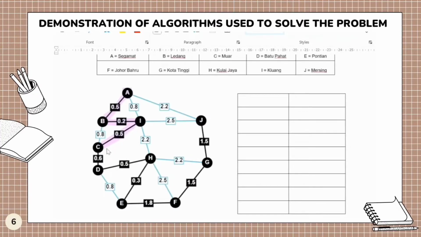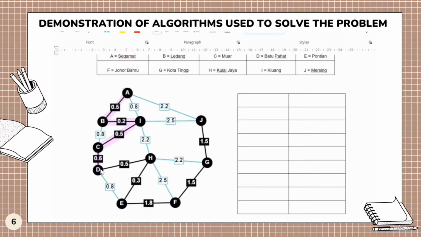And for C, the shortest edge connected to it is 0.6. We cannot choose 0.8 because it is not the shortest one, so we choose 0.6. And we got our fourth edge, which is C to D with weight 0.6.